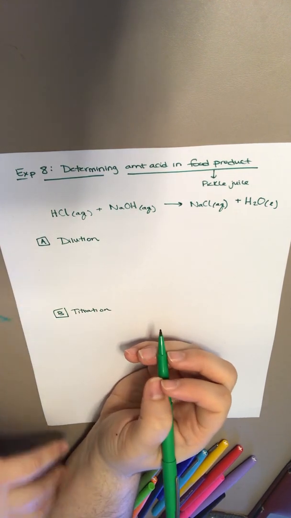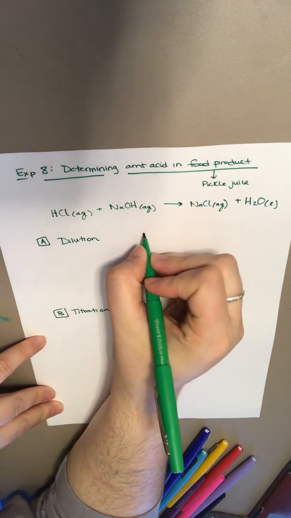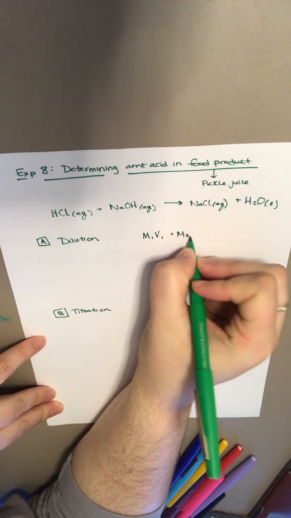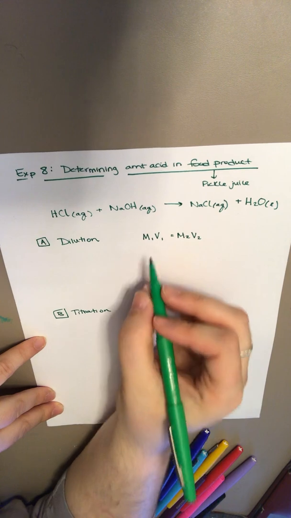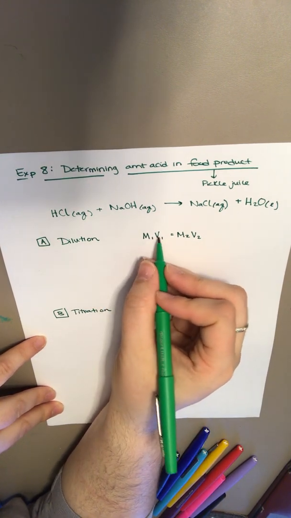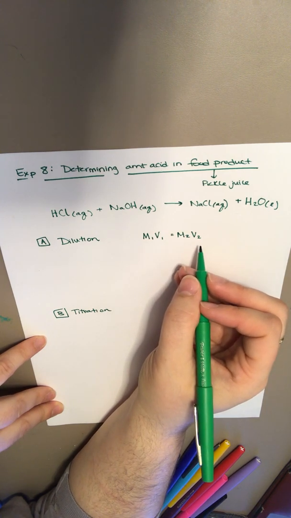For the dilution, we're looking to use the M1V1 equals M2V2 equation. So we have the molarity and volume of the first solution equal to the molarity and volume of the second.